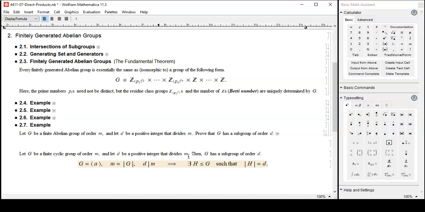And how did we define this H? Remember that too?